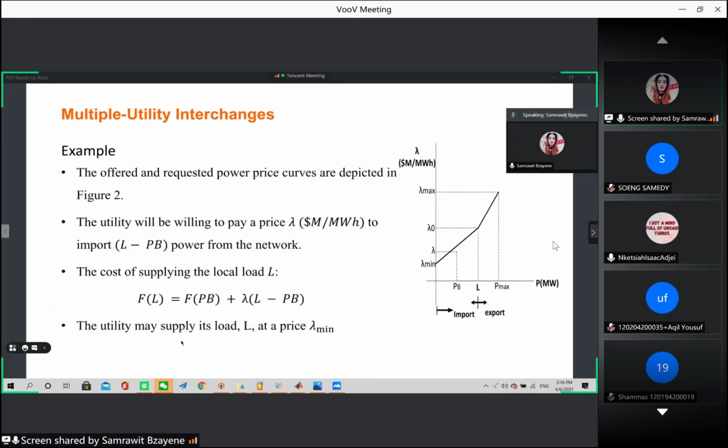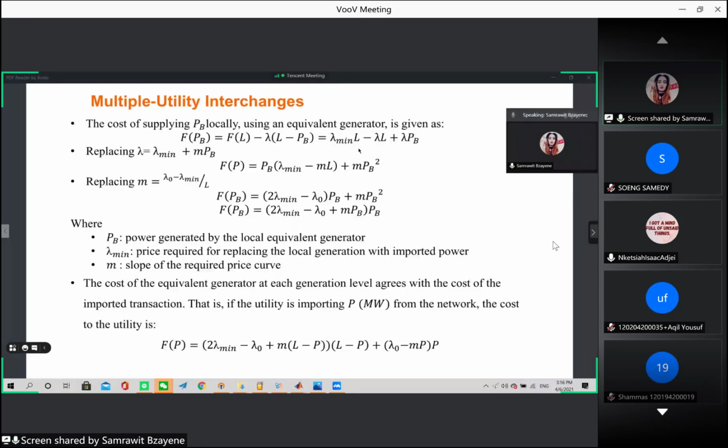And as we say here, the utility may supply this load at a price of lambda minimum. This will be equal to lambda minimum A minus lambda A plus lambda PV.